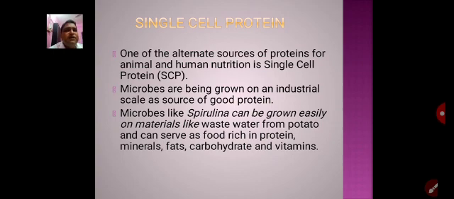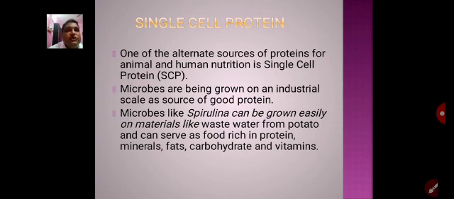Microorganisms are very small. They cannot be seen through your naked eyes. They are capable of a high rate of biomass production. This biomass is used as food by humans, and these microorganisms are grown in a particular substrate. What is the substrate? Where the microorganisms are grown.